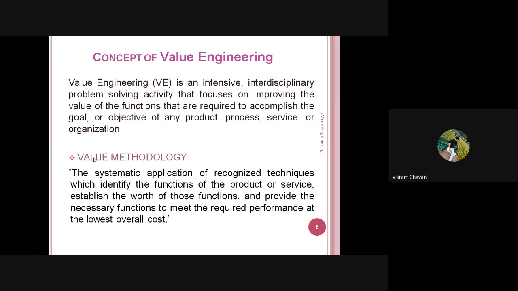or how to perform the task of value engineering and value analysis. Okay, so that is nothing but value methodology. Okay, so please write down value methodology.